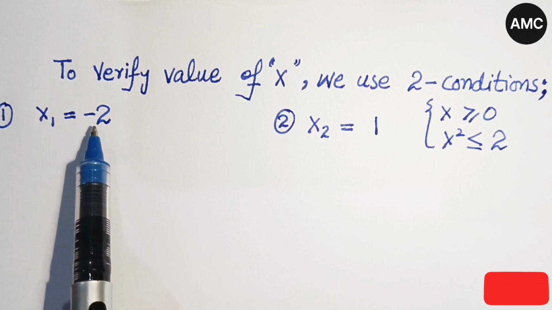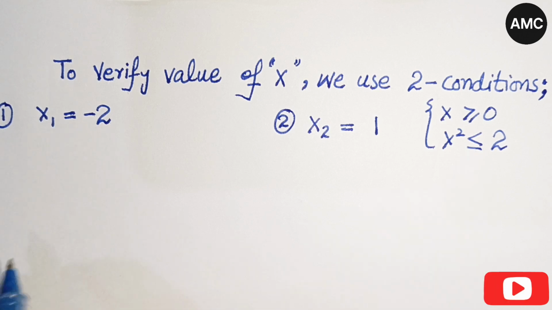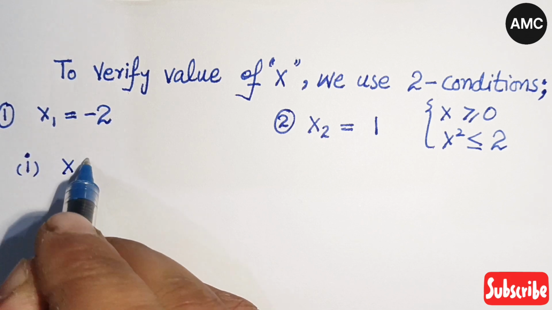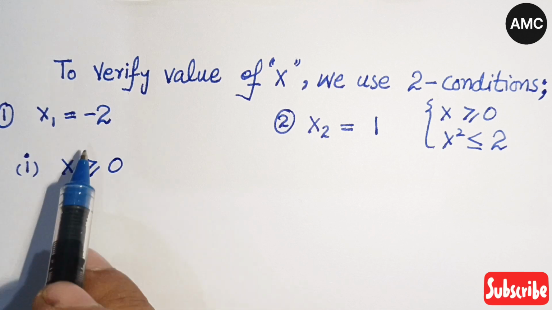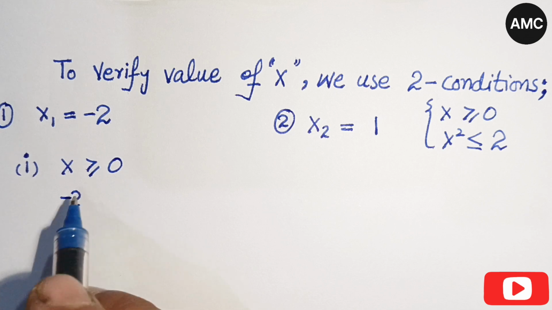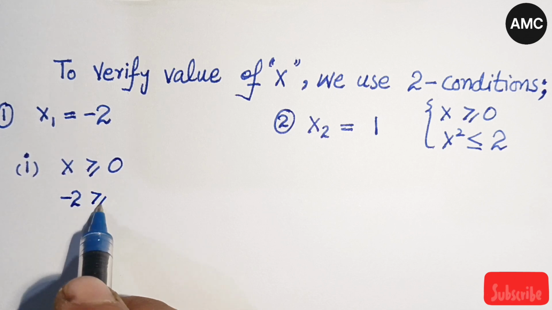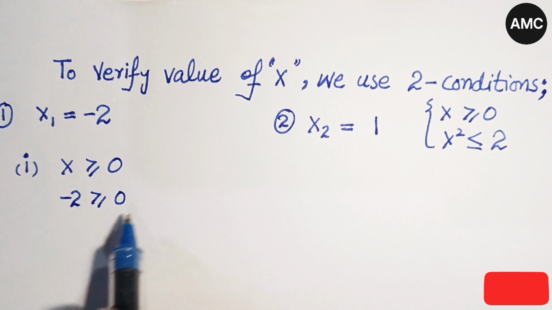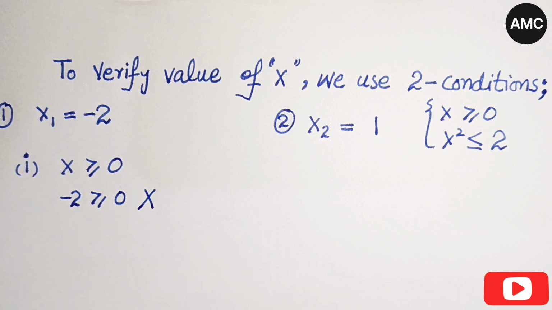As the value of x1 is −2, if we check our first condition, x is greater than or equal to 0, here we see that the value of x is −2. Is −2 greater than or equal to 0? As we know, −2 is actually less than 0, so it is rejected.